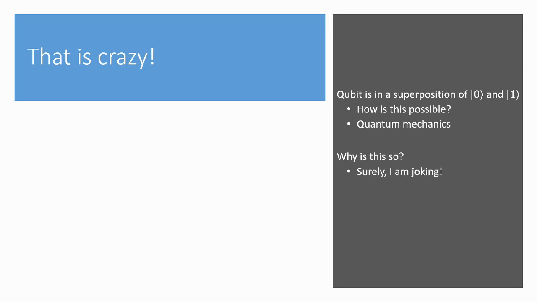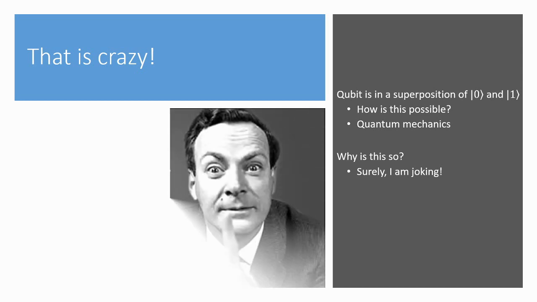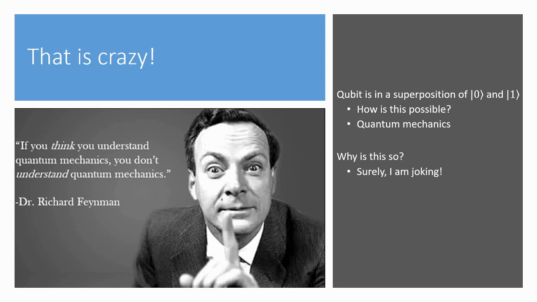And if you try to understand this, if you want an explanation for why this happens, the answer for you is what Richard Feynman said. If you think you understand quantum mechanics, you don't understand quantum mechanics. It may be beyond our ability to comprehend.